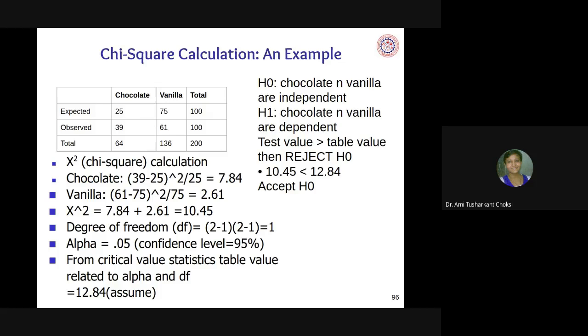So 10.45 is the calculated value, and from the table it is say 12.84. Should we reject the null hypothesis? No, we should accept it, right? Our hypothesis was that chocolate and vanilla are independent. Independent means there is no relation between chocolate and vanilla, right?